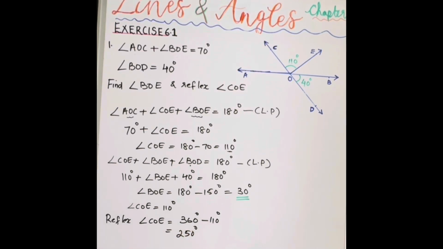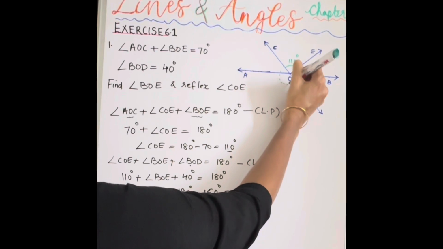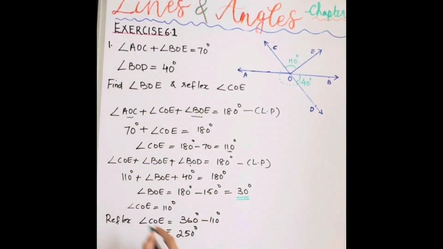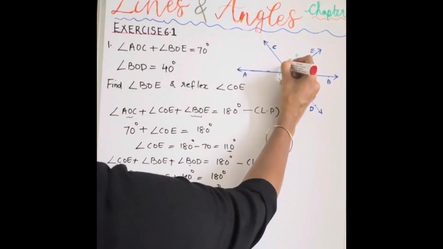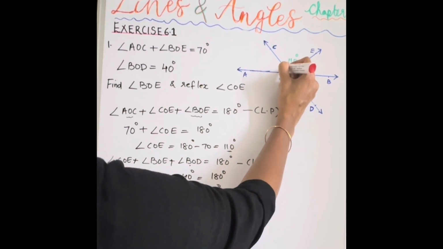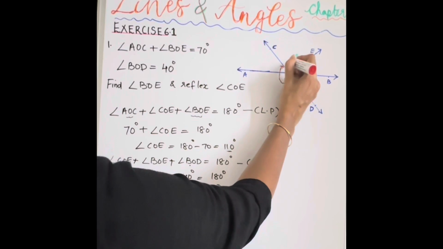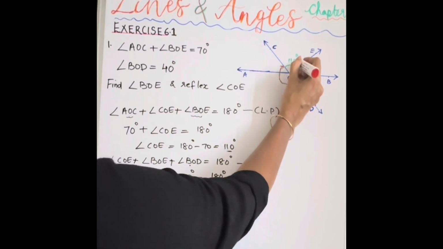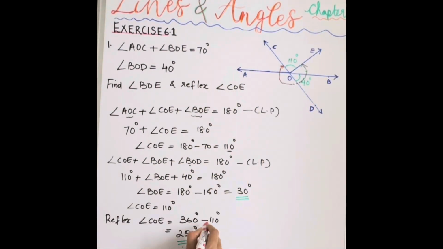So reflex of angle COE is this, and the value is 250 degree. So the answer for reflex angle COE is 250 and angle BOE is 30 degree. Again, reflex angle COE is from here till here, that is 360 minus value of COE, that is 360 minus 110, which is 250 degree.